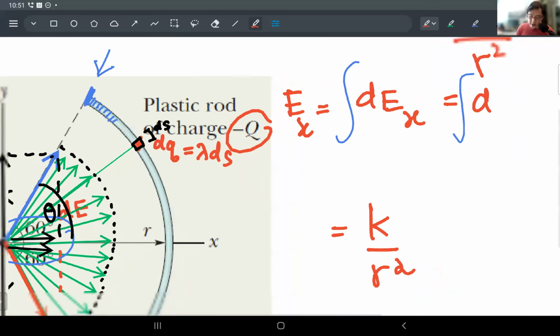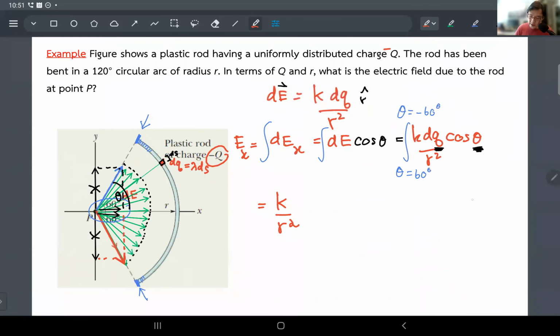But that's not a big deal, because if you remember the definition of the theta, the arc length over here is linked through the radius. The theta is just s over r. That's by definition: the angle is the arc length over radius.